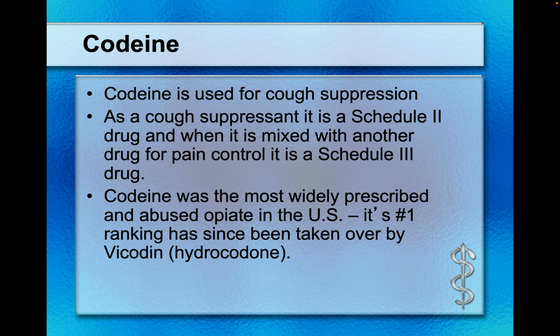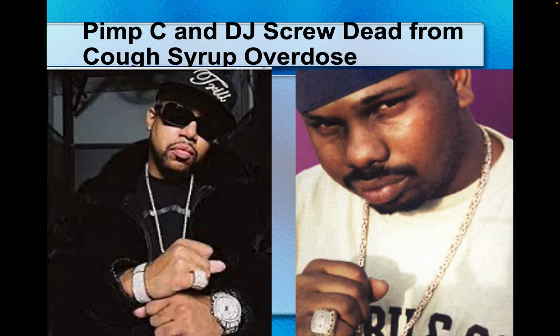Codeine is used for cough suppression. As a cough suppressant, it is a Schedule II drug. And when it is mixed with another drug for pain control, it is a Schedule III drug. Codeine was the most widely prescribed and abused opiate in the United States. Its number one ranking has since been taken over by Vicodin or hydrocodone.